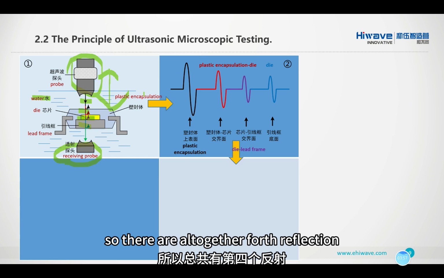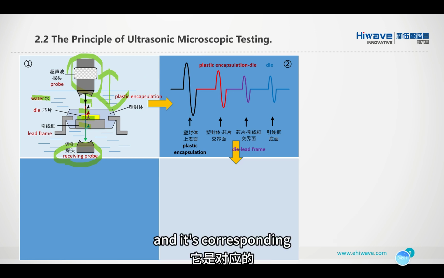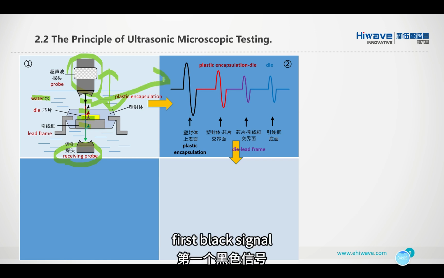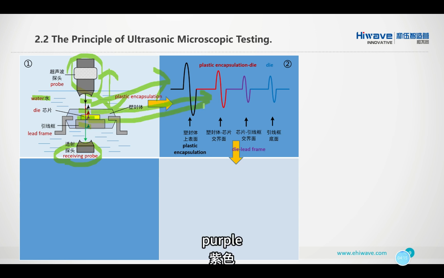So there are altogether four reflections and their corresponding signals: first, black; second, white; third, purple; and last, blue.